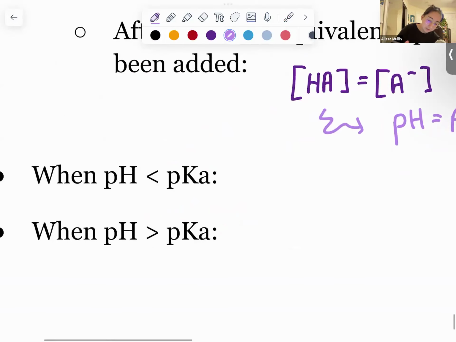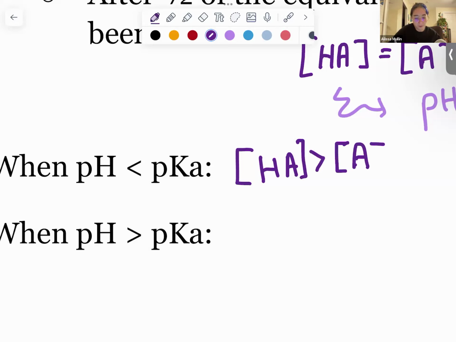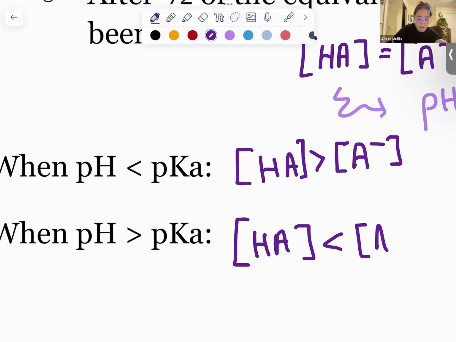Hopefully this sounds reasonable, and we saw the math when we did all those calculations. Before we get to that point, the concentration of HA is greater than the concentration of the conjugate base. And if we go past that point, then it is less than the conjugate base.